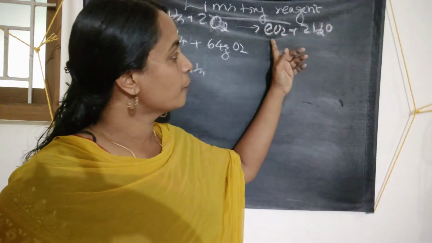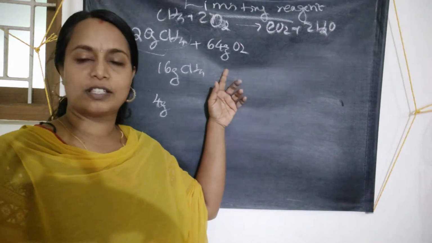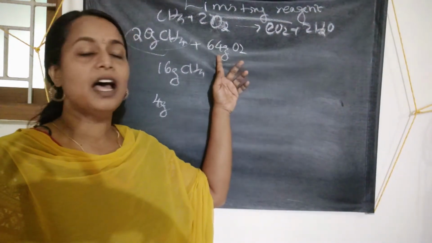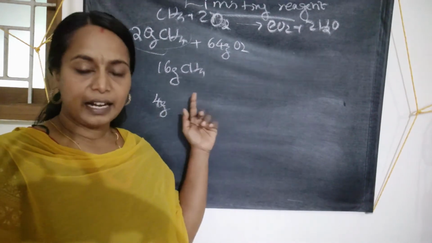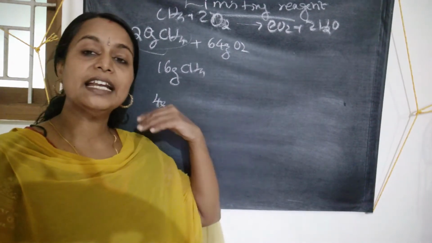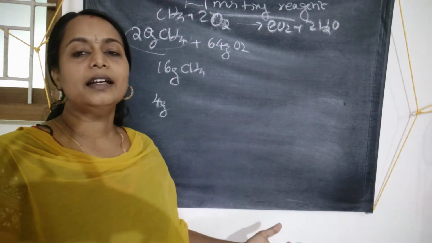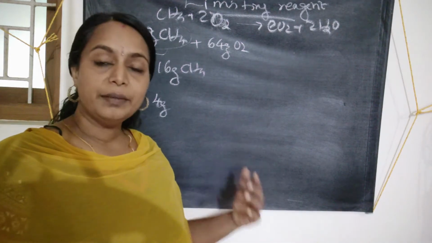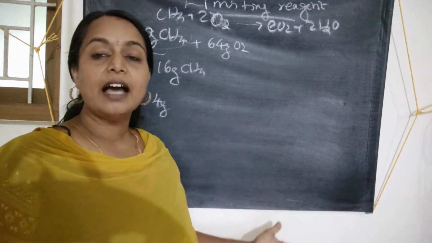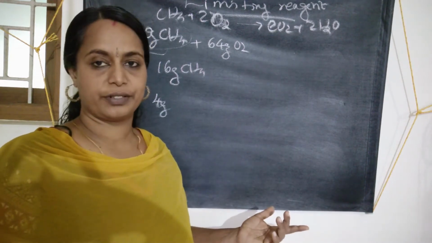The amount of products is determined by the amount of oxygen, and this is the limiting reagent of this reaction. In this case, the reactant which is completely consumed at the time of reaction is called the limiting reagent, and the limiting reagent determines the amount of product produced.